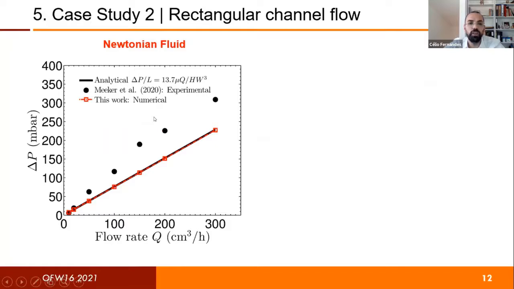So first, we consider only fluid in the rectangular channel, and we measure the pressure drop in the channel for different inlet flow rates. It is known from the literature that the Hagen-Poiseuille pressure drop is given by this analytical formula, and our results, which are plotted in red color, match perfectly the analytical solution.